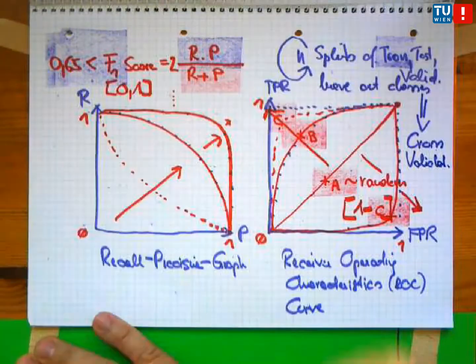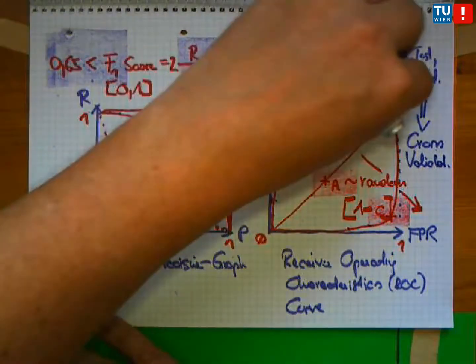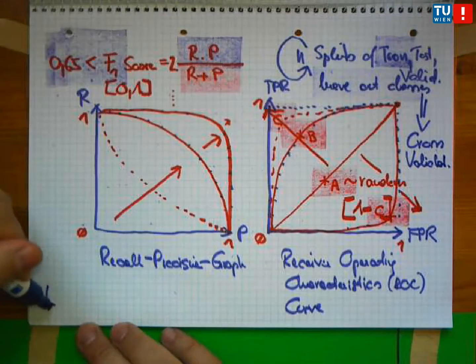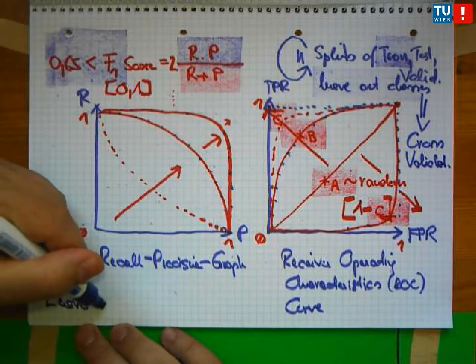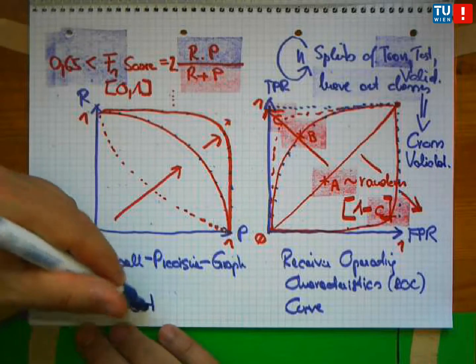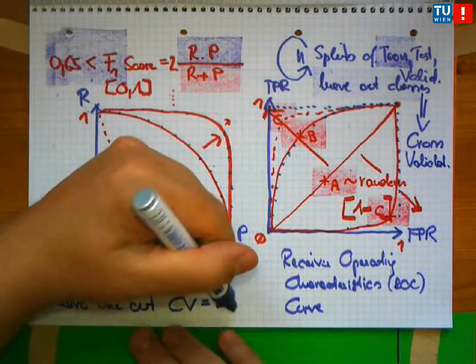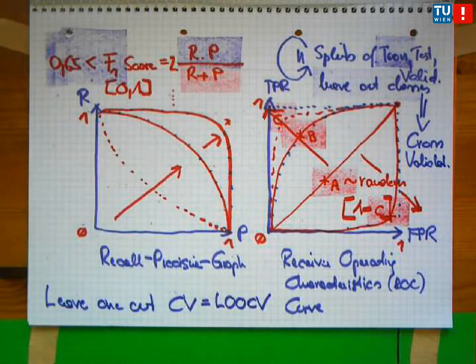If you leave out exactly one class in every round, it is referred to as leave one out cross-validation, or LOOCV, as you can sometimes read in the papers.